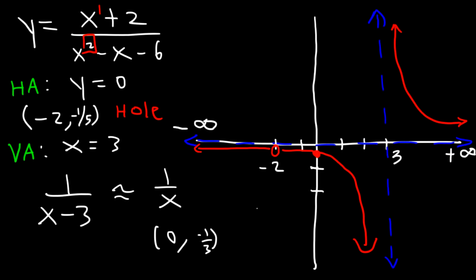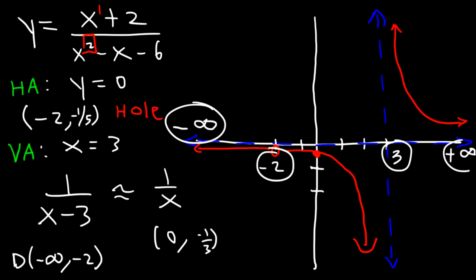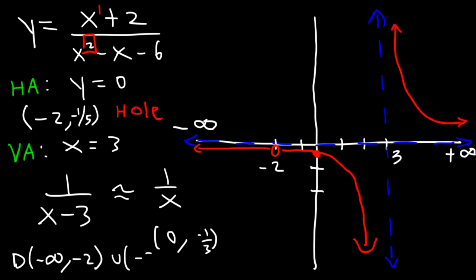When writing the domain in interval notation, remove the x coordinate of the hole and the vertical asymptote. So the domain is going to be negative infinity to negative 2. Just write everything from left to right in that order. So negative infinity to negative 2, union negative 2 to 3, union 3 to infinity. So that is going to be the domain.